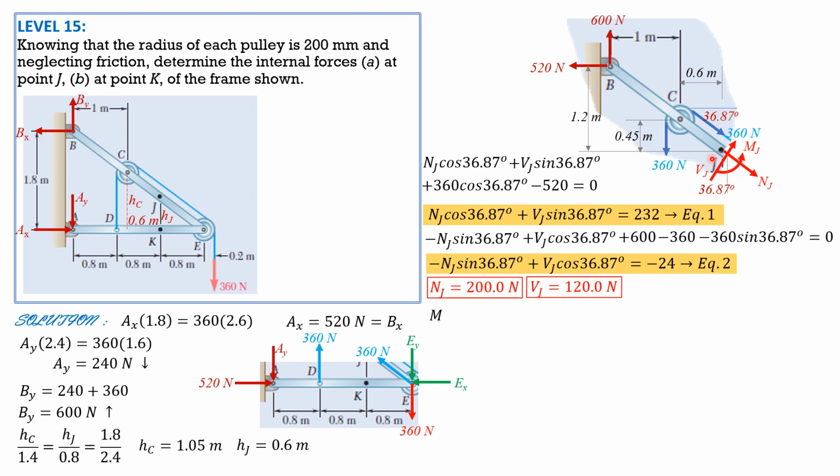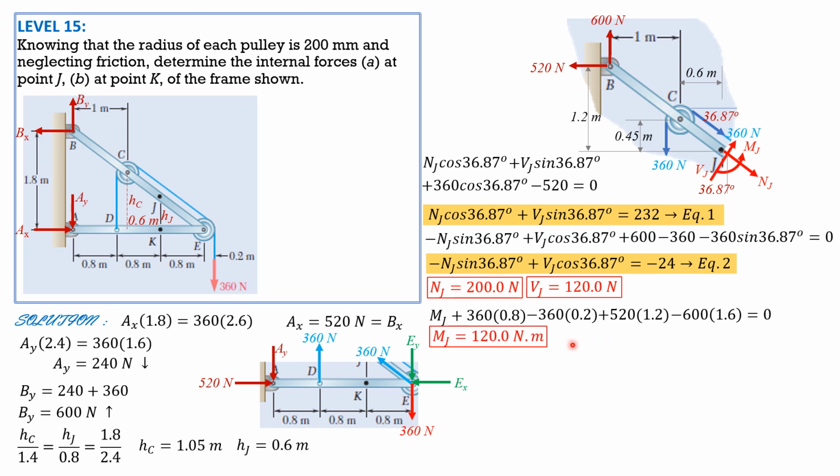For MJ, summation of moments about J equals 0. So we have MJ plus 360 times 0.8. This is 0.8, 0.2 radius plus 0.6, minus 360 times radius 0.2, plus 520 times 1.2, then minus 600 times 1.6 equals 0.